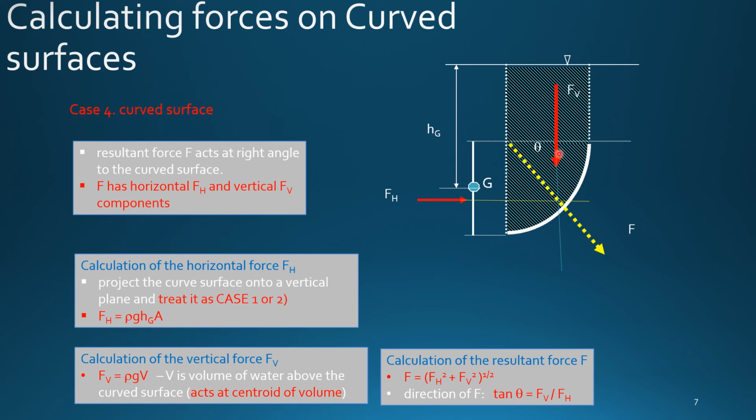That gives us two components, horizontal and vertical, and then you just calculate the resultant of the two forces: the square root of Fh squared plus Fv squared gives us the force, and the direction of the resultant is tan inverse of Fv over Fh. That's how you calculate the resultant force on a curved surface.